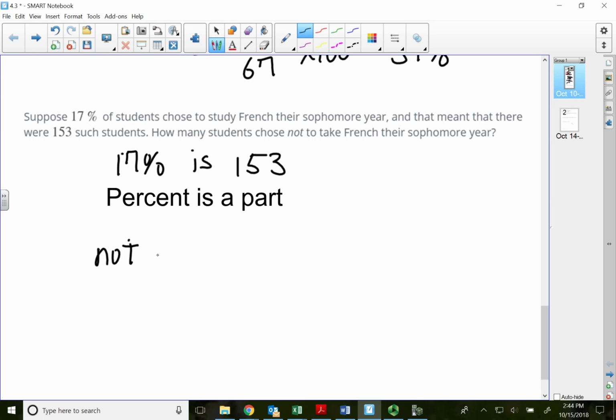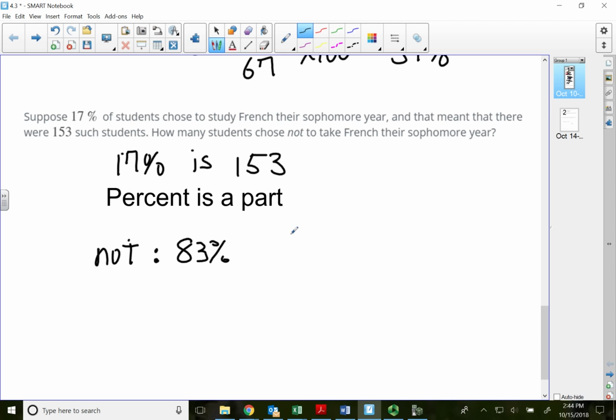So if 17% study French, that means 83% do not. So how many students choose not to?